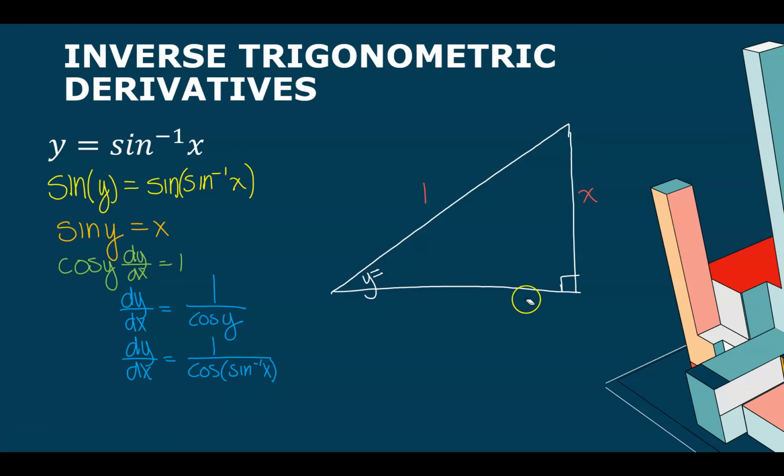So we need this adjacent side length. And so we're just going to do the Pythagorean theorem there. So the square root of the hypotenuse squared minus the other leg squared. And then, well, what's cosine of this angle y? It's this square root divided by 1. Hey, that was nice, because now we can just replace cosine of y with this square root. Dividing by 1 doesn't do much. So there you go. The derivative of inverse sine of x is 1 over the square root of 1 minus that x squared.